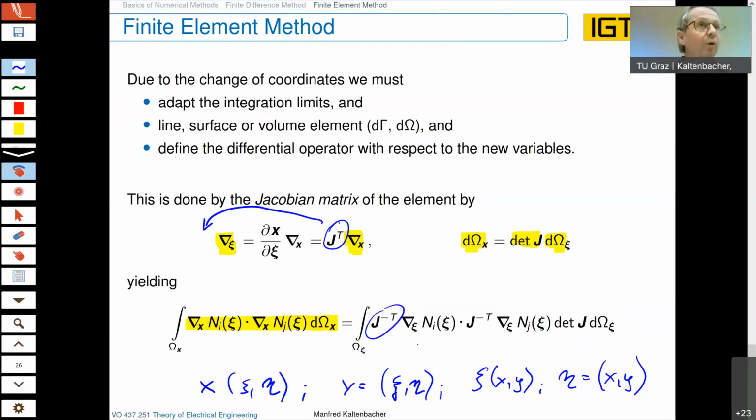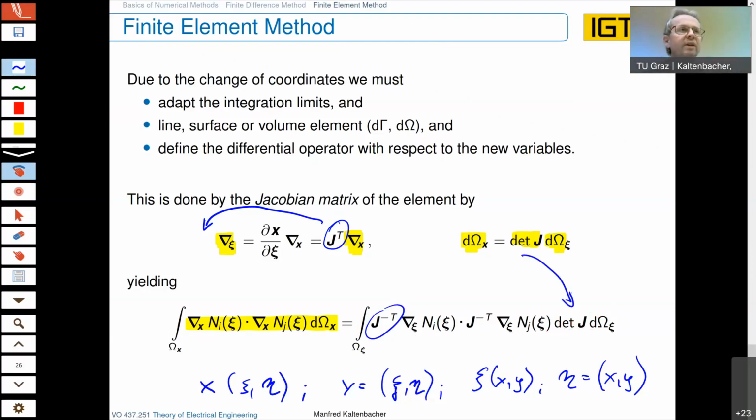And I have now the gradient operator with respect to psi and eta in 2D. Yeah? And the same we have here. And don't forget the integration now, also this substitution, yeah? What we also have to do. And now everything is fine.